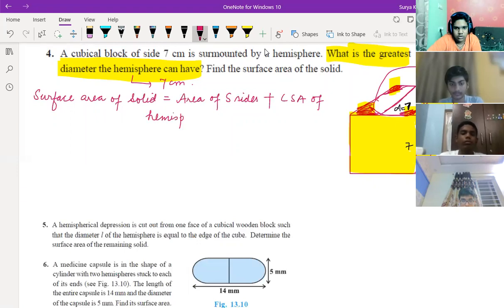What extra thing we should add, children? We can minus the area of the base of the hemisphere.